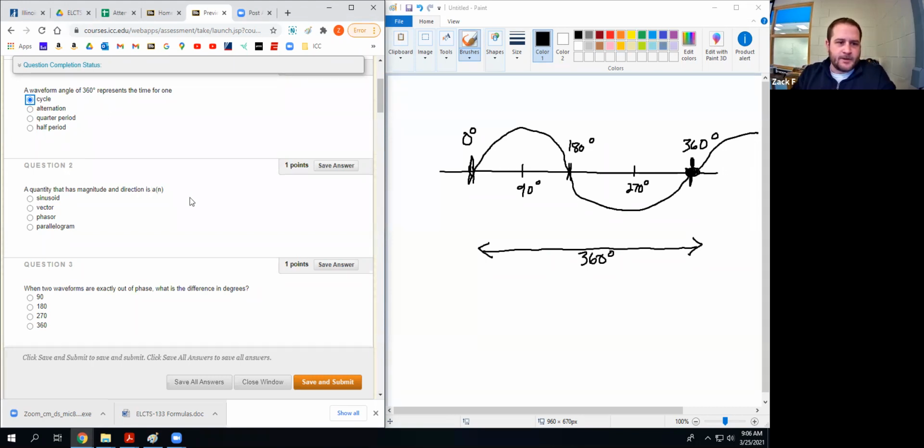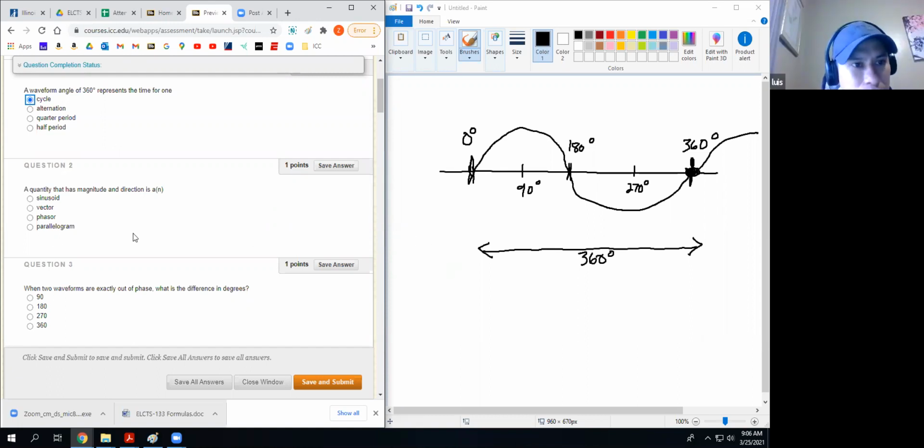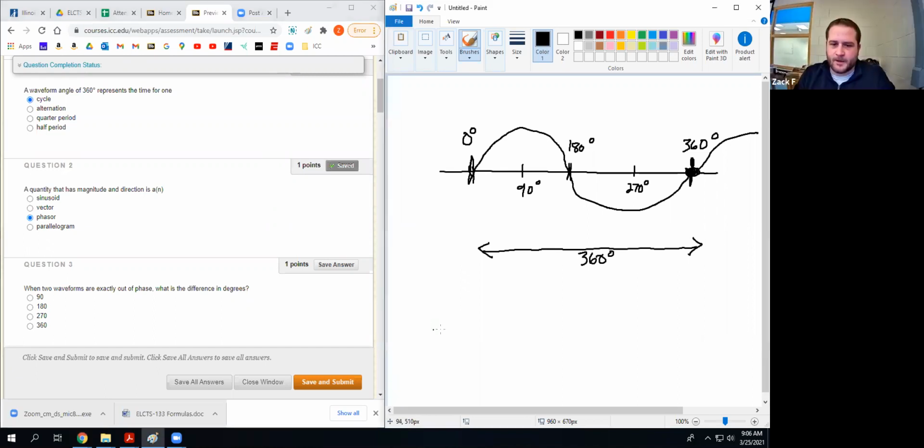A quantity that has a magnitude and direction. Phasor? That's getting into physics a little bit, but we'll use phasors in talking about the relationship between capacitance and inductance. A phasor looks something like that, and it has a direction, and it also has magnitude or units.